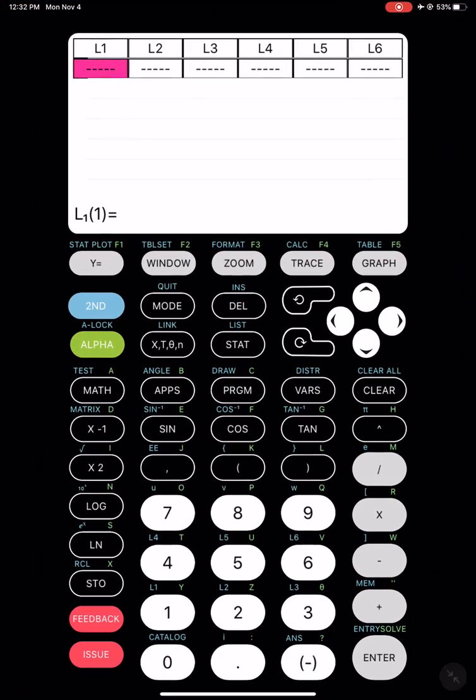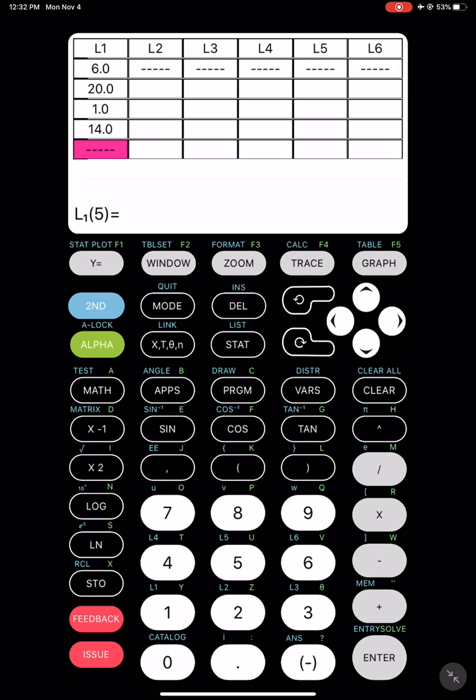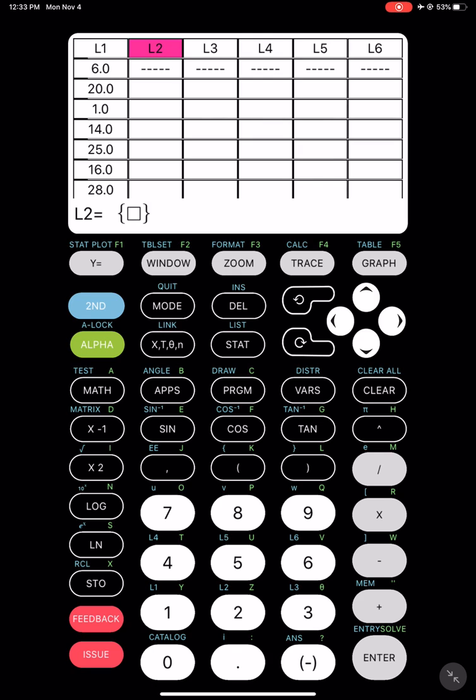So in your calculator in L1, you have 6, and then 20, and then 1, 14, 25, 16, 28, 18, 10, 8. Then move over to L2.